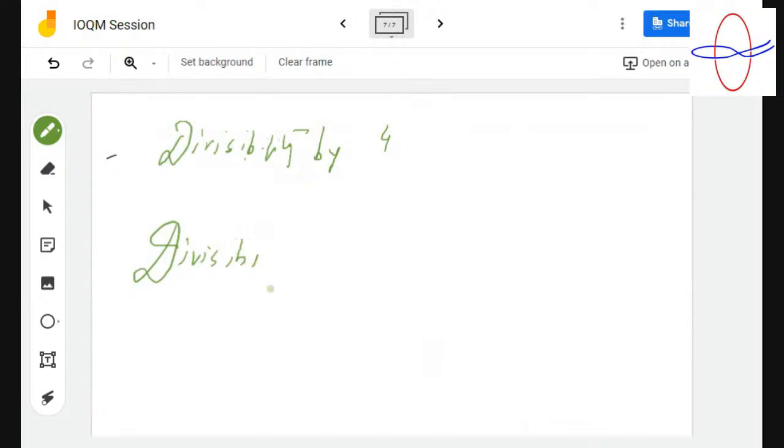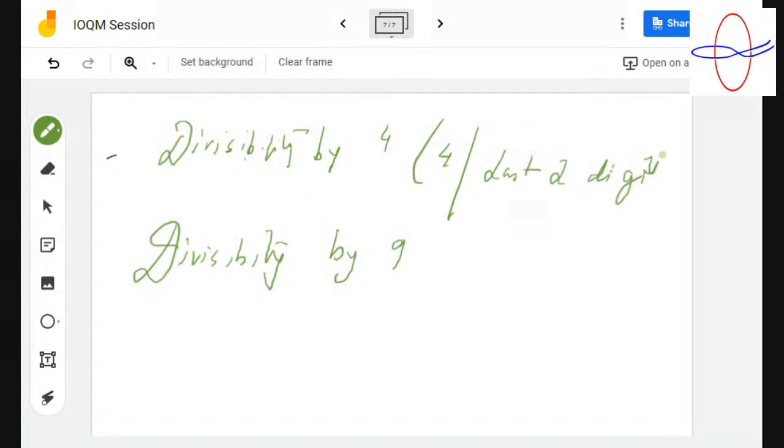The last two digits are divisible by 4. Perfect. So 9 divides a number if 9 divides the sum of the digits, right?